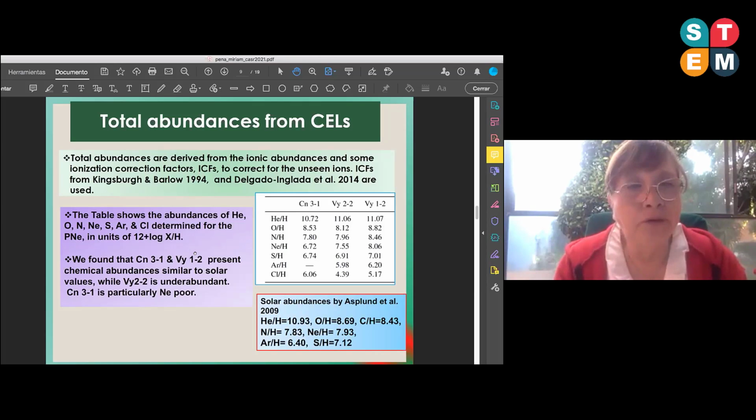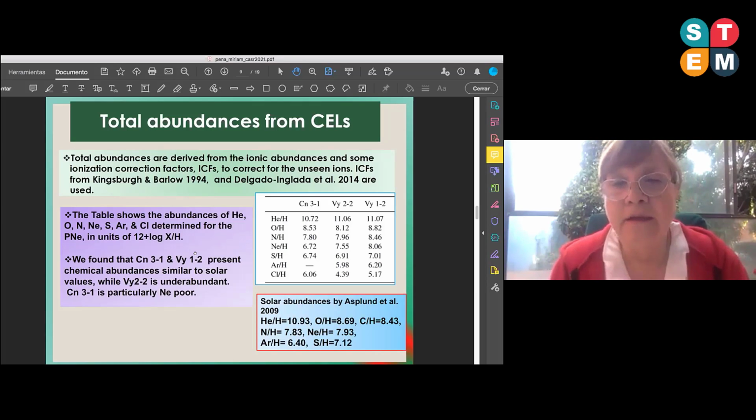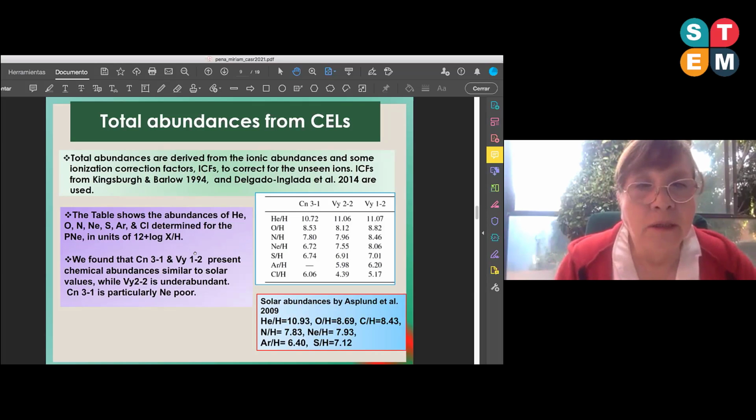The ICFs we use are from Kingsburgh and Barlow, 1994, and Delgado-Inglada et al., 2014. In this table, we show the abundances of helium, oxygen, nitrogen, neon, sulfur, argon, chlorine for the same three objects shown in the previous table.